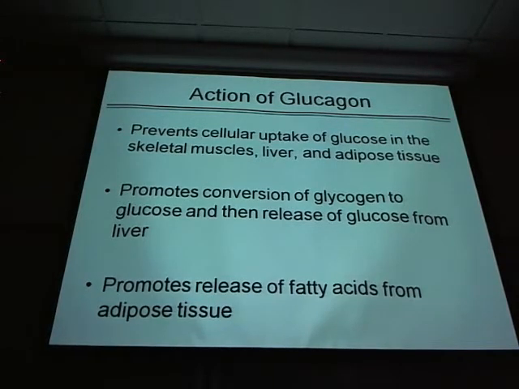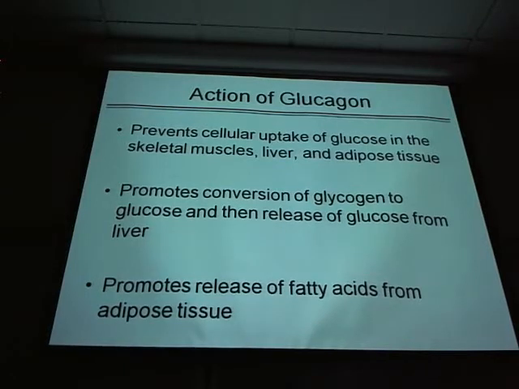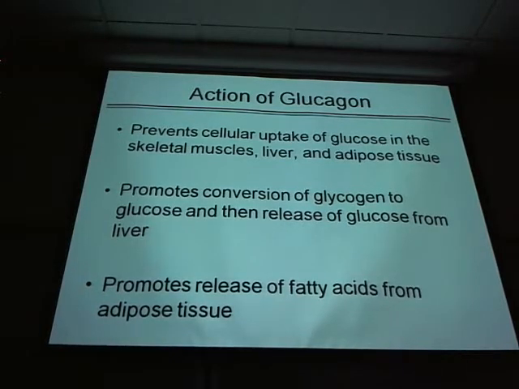Epinephrine can act like glucagon in some organs, but you need the glucagon to break down glycogen in the liver to get the glucose. So in a fight or flight, insulin is decreased, glucagon is increased, which in turn increases your blood glucose level to give you more energy to fight.